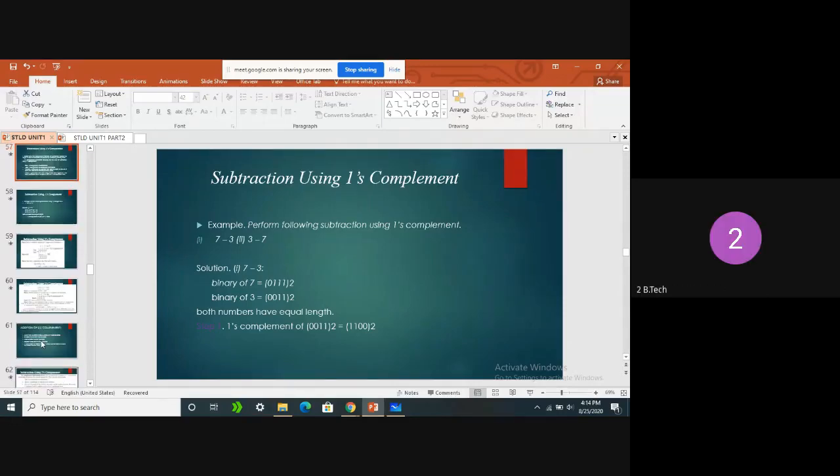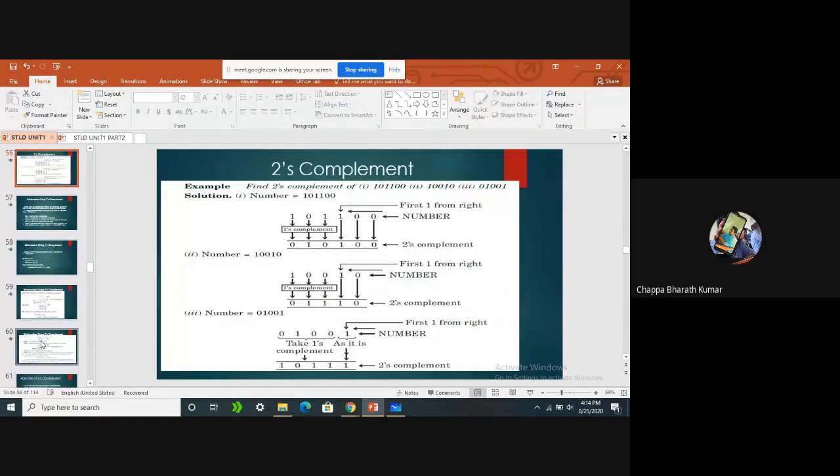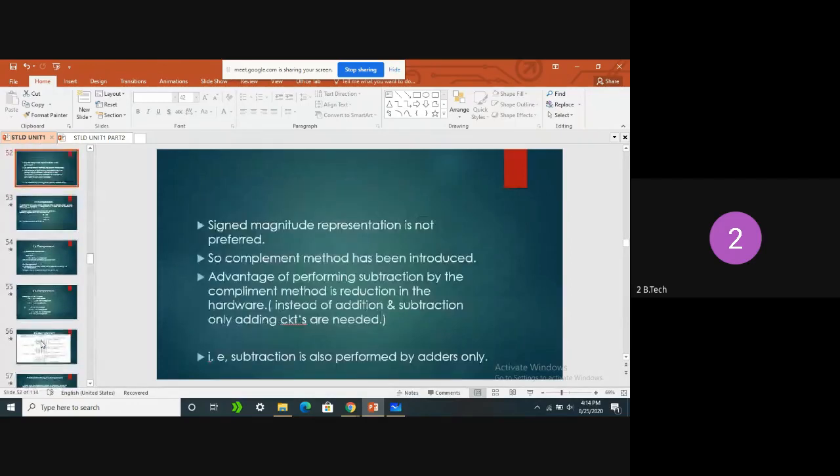In sign magnitude, the problem is that if any processor uses sign magnitude, a different hardware circuit is needed to perform addition and subtraction. If the system requires a separate circuit for every operation, the size of the system will increase more and more. Just like the first computer was almost equal to room size, but now it comes to palm size.